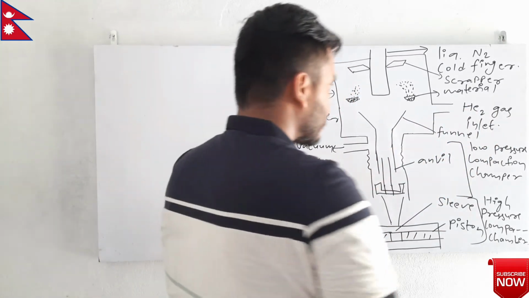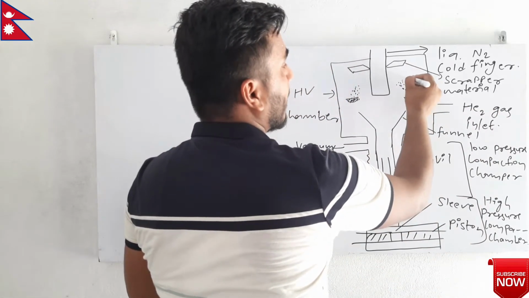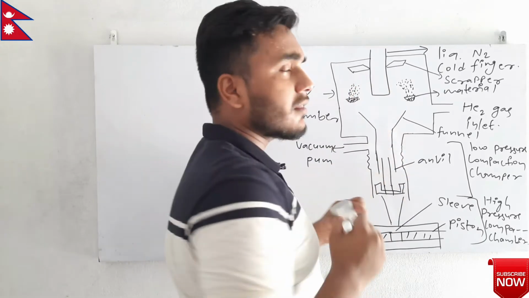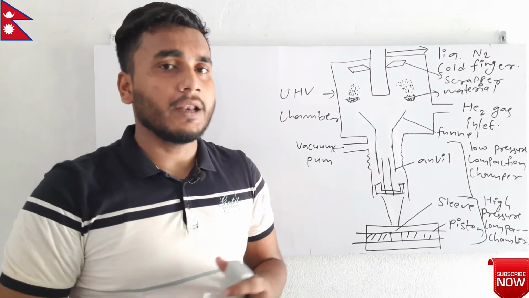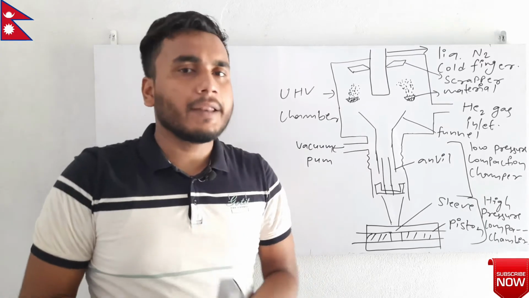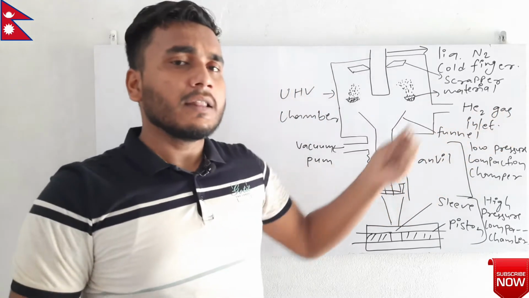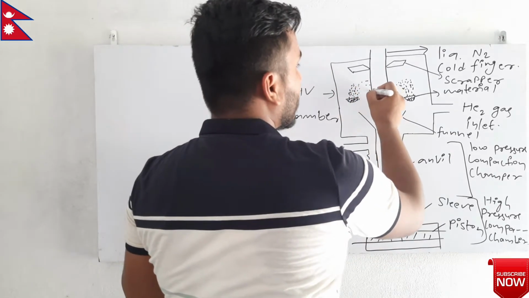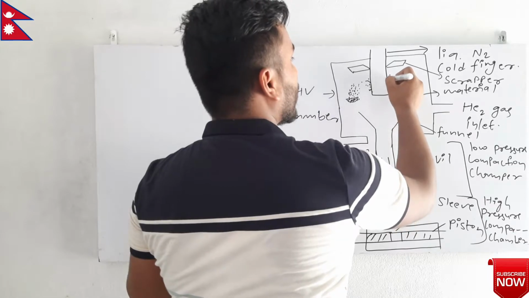Now this inert gas will collide with all these materials, and these materials will lose their kinetic energy, because due to heating they gain a lot of kinetic energy, and when they collide with helium gas, that is inert gas, they lose all of their kinetic energy, and all the materials get adsorbed on the surface of this liquid nitrogen cold finger.